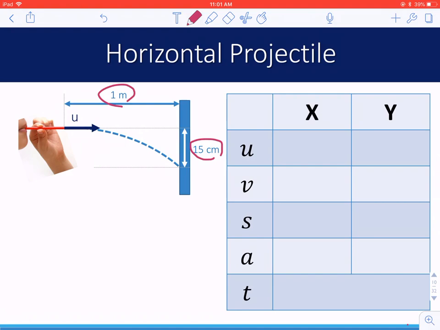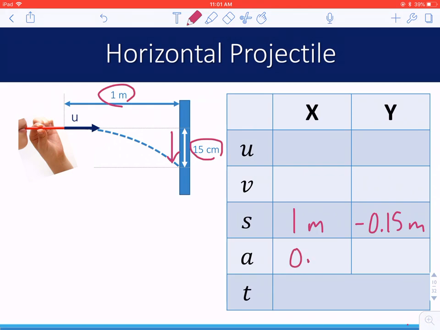Instead of SUVAT, it's UVSAT, but the process is still the same. S in the x direction is 1 meter. In the y direction, it goes down 15 centimeters, which is 0.15, so we'll say negative 0.15 meters, showing that it goes down.